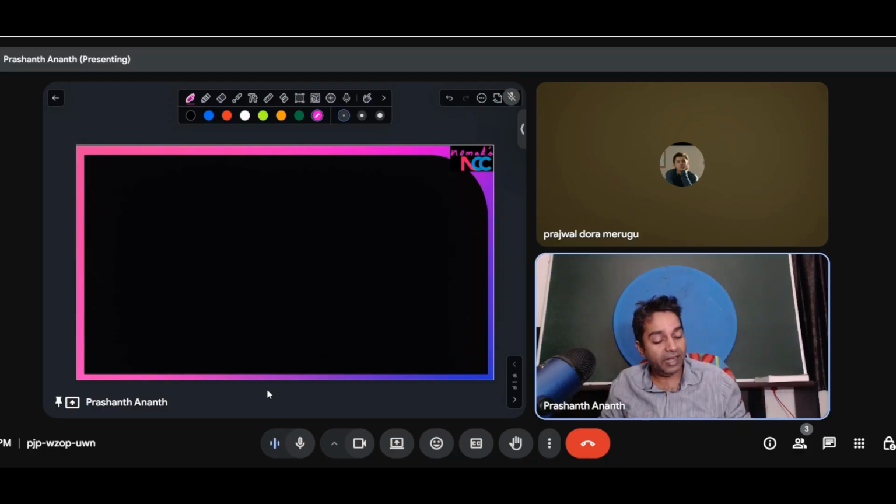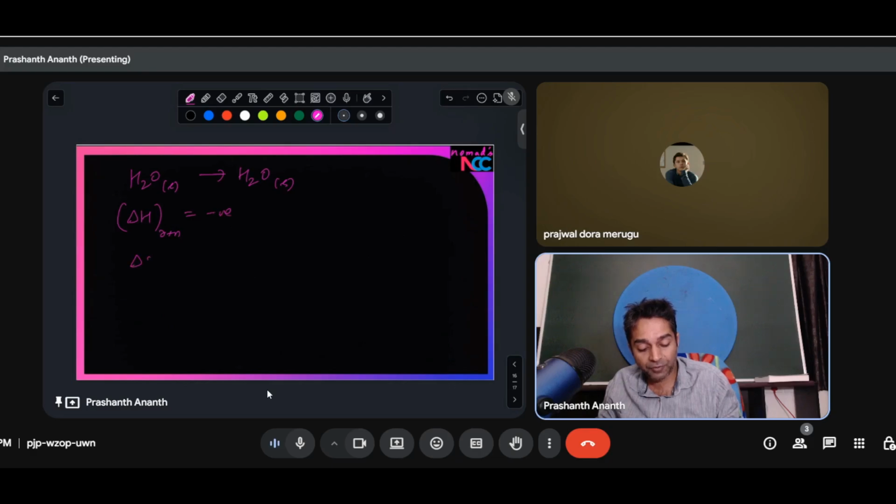Okay, so the idea here is, let us now look at the same reaction. H2O liquid is becoming H2O solid. What is happening here? Delta H for this process is going to be negative. Delta S for this reaction is also negative. And the reaction happens below 0 degrees Celsius.